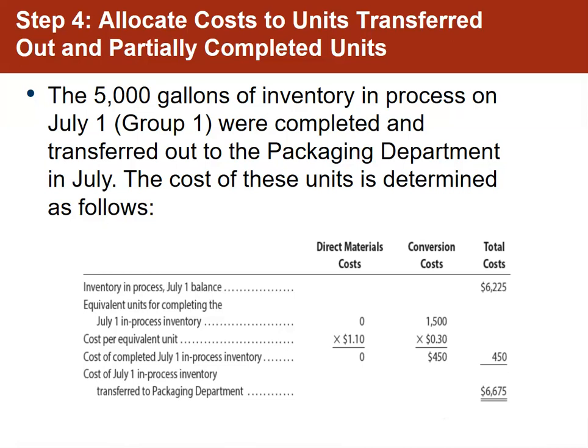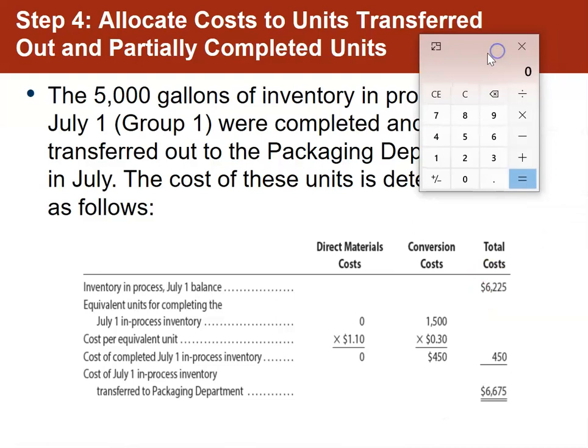However, of those 5,000 units, they were only 70% complete. So for the month of July, we take 5,000 minus the equivalent units completed in the prior period: 5,000 minus 3,500 is our 1,500.